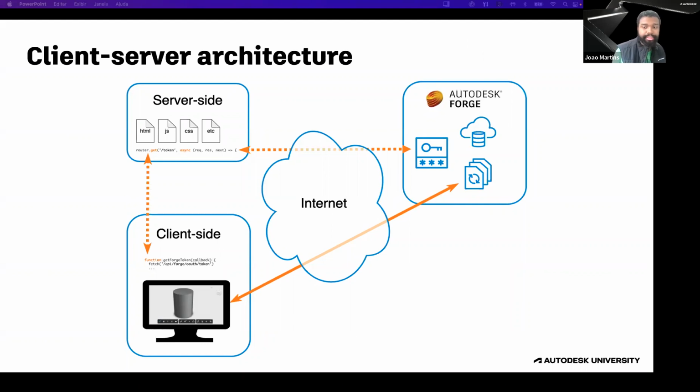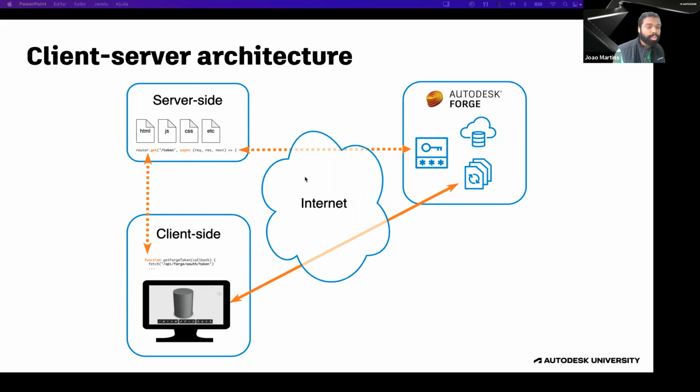We will be needing the client side and the server side. The server side will provide our static files, HTML, JavaScript, CSS, to the client side that the user has direct access to. Through the UI of our application, the user is going to take advantage of the Forge APIs through the server side.